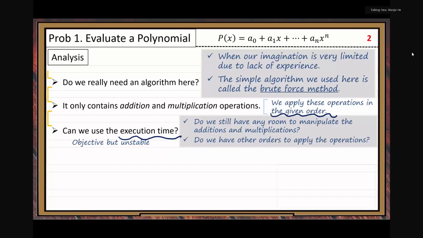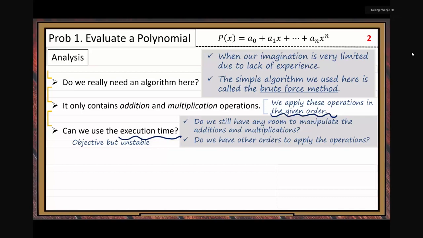Why? Because you do not mention what computer you are using, right? Do you use a supercomputer or an ordinary laptop? That's different. Do you use a powerful server with a large number of processors to do parallel computing?